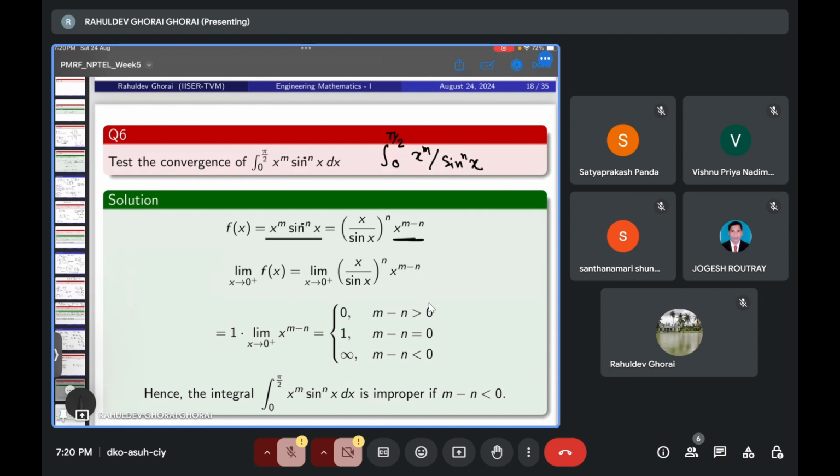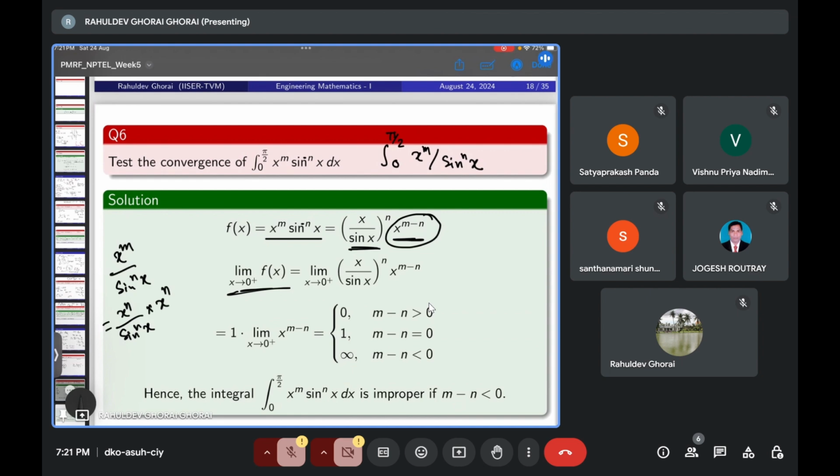So what I will do is try to find whether I can write it in such a way that the limit of this function exists. What you will see here is x to the power m over sine nx. That you can write as x to the power n over sine nx times x to the power m minus n, and this first quantity will always converge to 1 when x tends to 0.